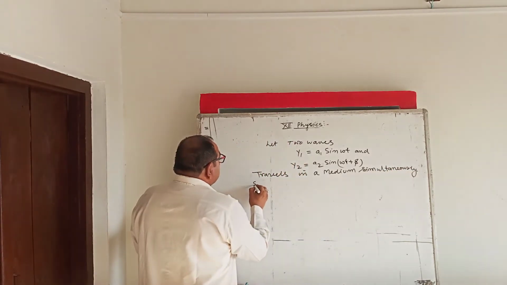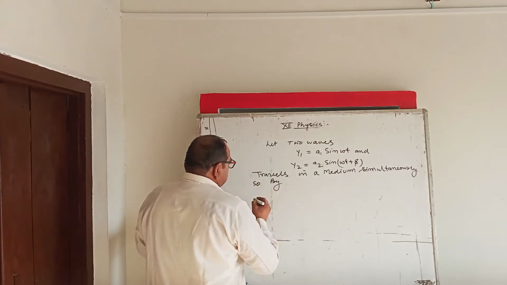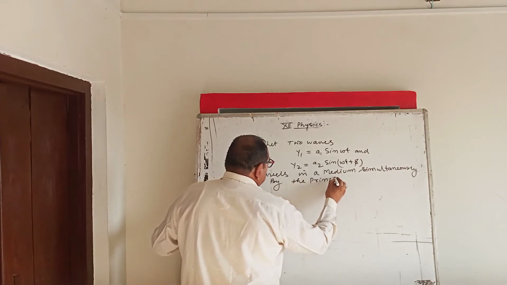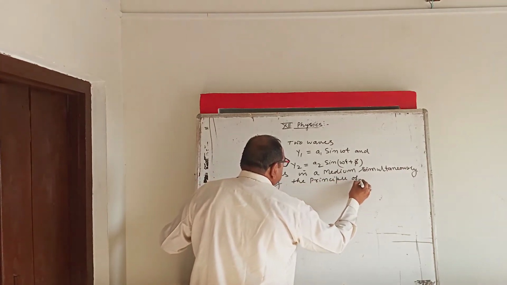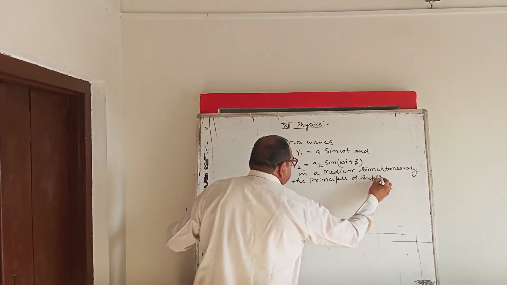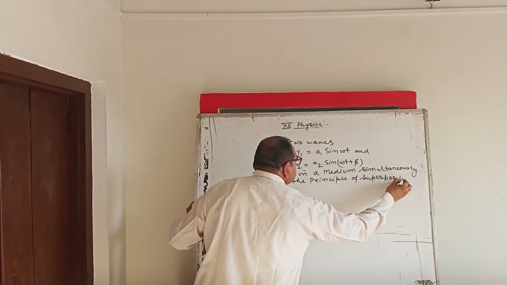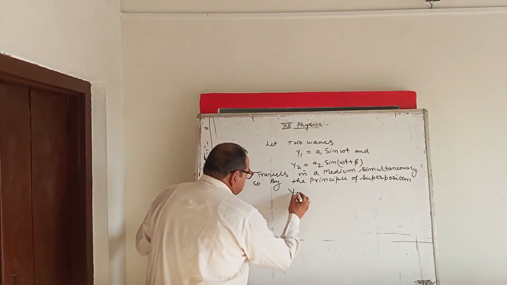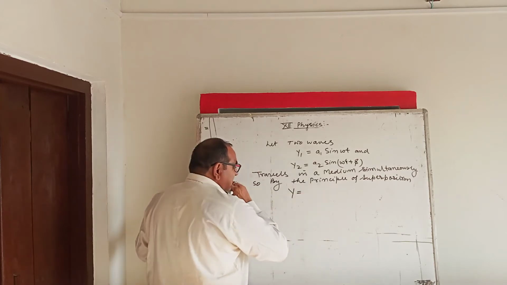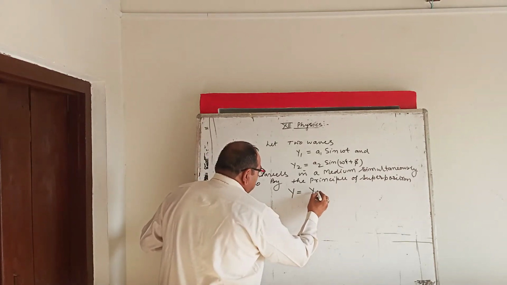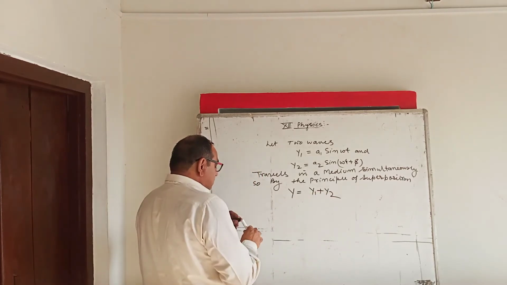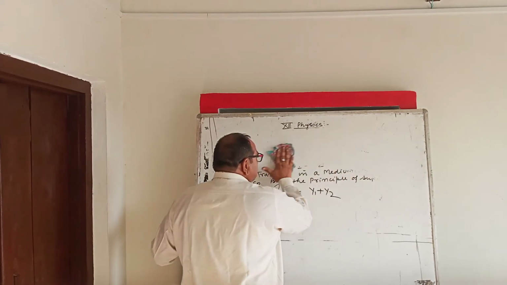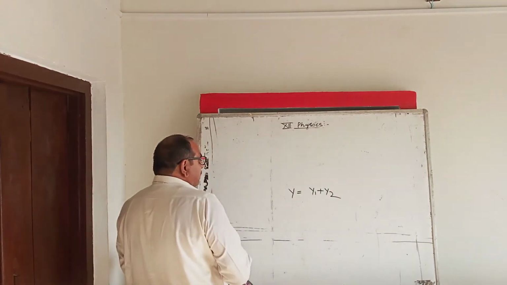So, by the principle of superposition, the resultant displacement, or resultant wave, will be equal to y1 plus y2. Now, put the values of y1 and y2 and solve.